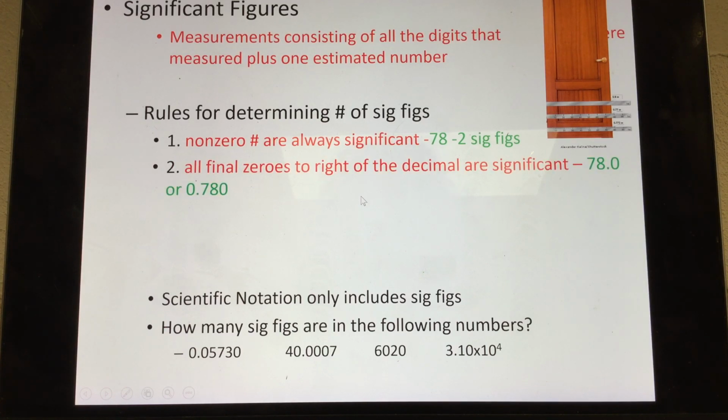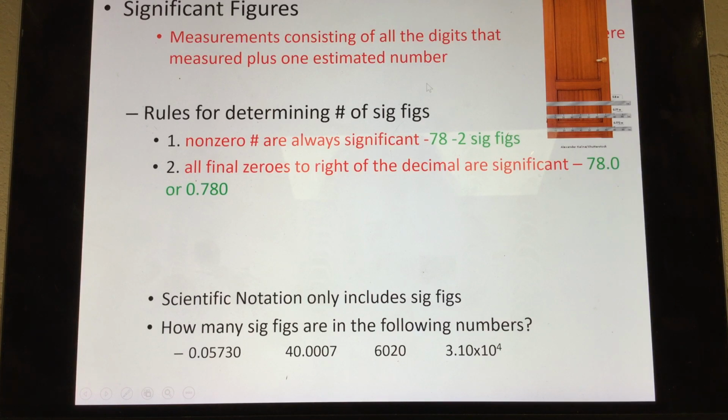Now the tricky part, and the rest of these rules are all based on zeros. Sometimes zeros are significant, sometimes they are not. If we have what we call a final zero, or zeros that are to the right of the decimal, so if there's a decimal place in a number and there's a 0 on the right side of that decimal at the end of the number, then that 0 is significant.